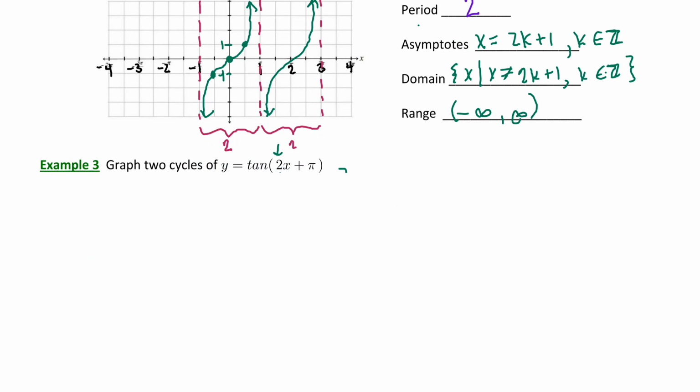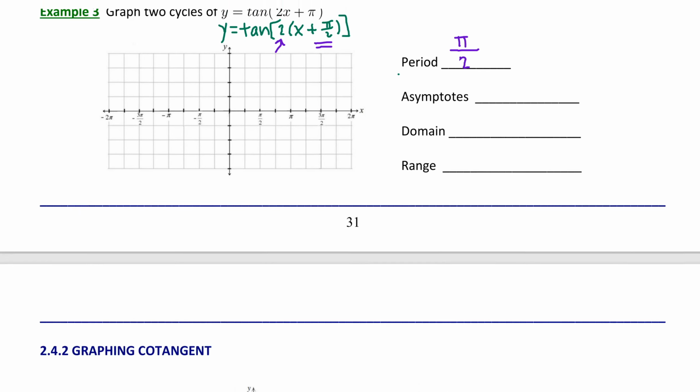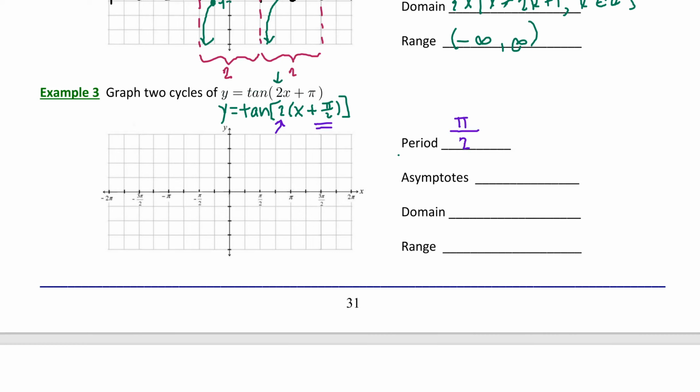I'm going to apply that concept to this new function. So we know that one fundamental cycle will occur where the argument is between negative pi over 2, our argument is 2 times x plus pi over 2, and pi over 2. Notice the strict inequalities here, not inclusive with the equals. Strict because we have an asymptote at those two locations.